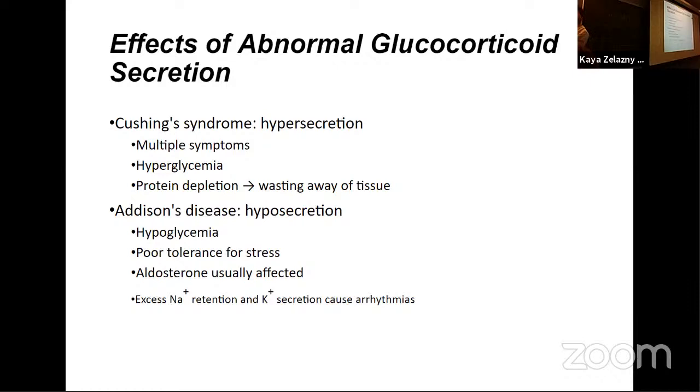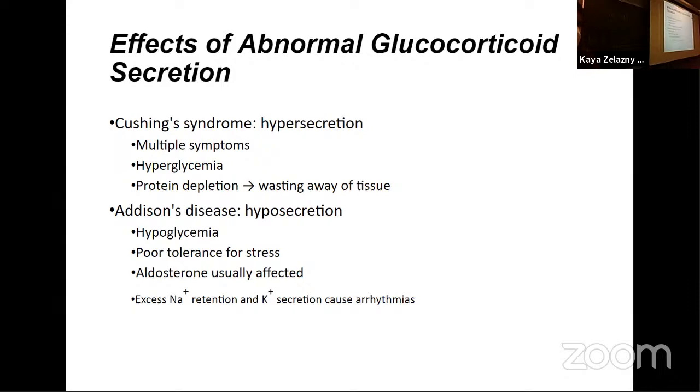There are a bunch of symptoms, but one of the really important ones is hyperglycemia. So we're going to have a lot of sugar in the blood. And we'll also start to have wasting away of tissue. So we're going to have protein depletion as we're mobilizing energy stores, right? We're going a little too far.